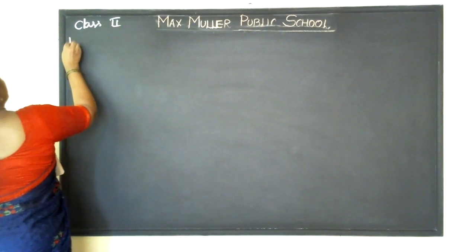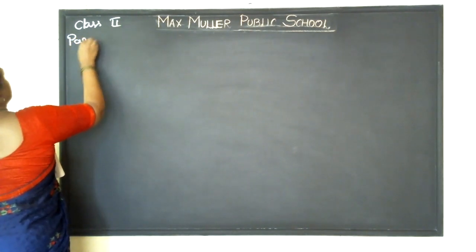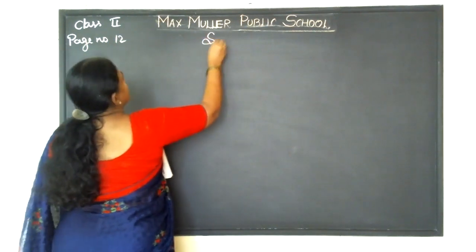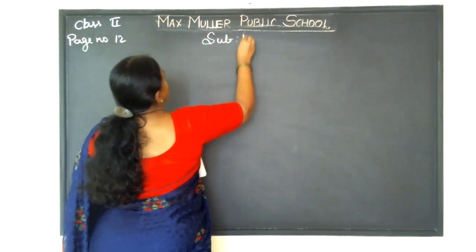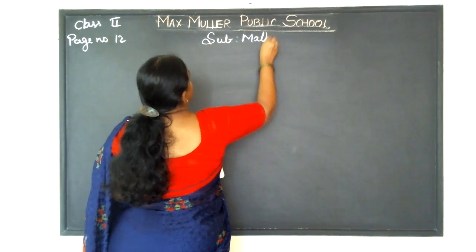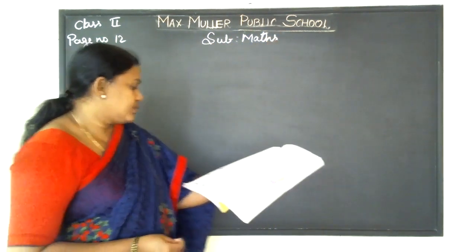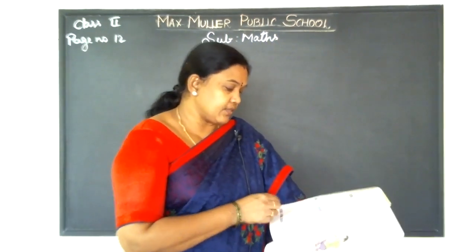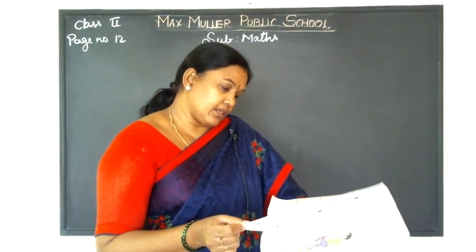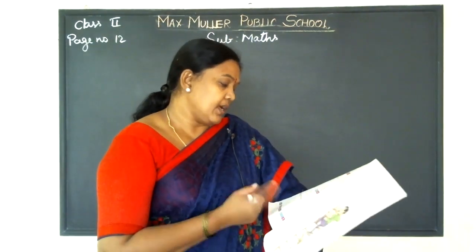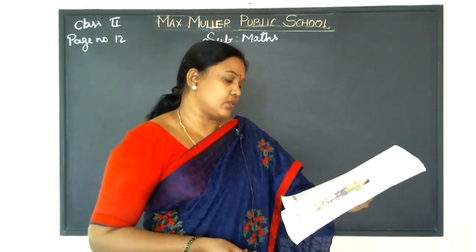Second, page number 120. Max. Draw the beads to show the number. Last class what we did in the textbook was read and write the numbers and the number names, we did it, children. Next main, that is draw the beads to show the number.